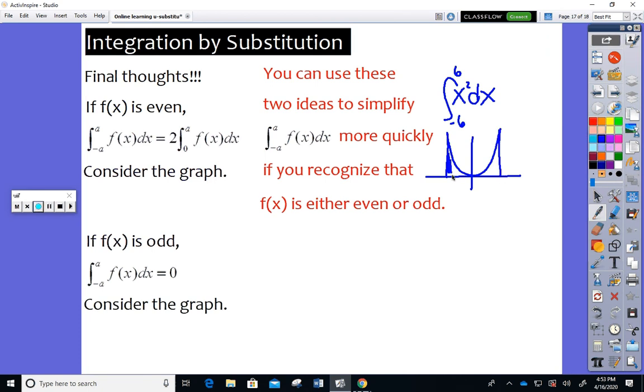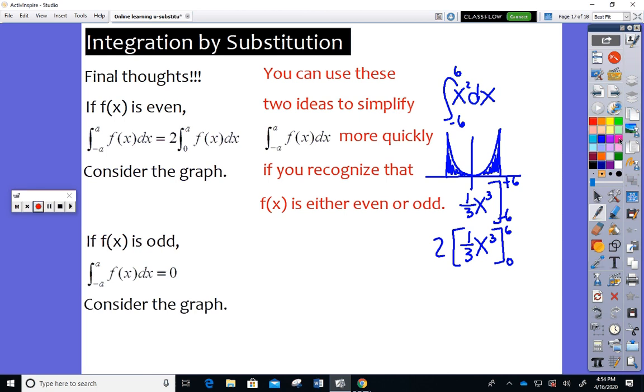Because x squared is even, the left hand and the right hand are going to have the same amount of area. So when I do 1/3 x cubed, I can go from -6 to +6, but sometimes it might be easier to go from 0 to 6 and then multiply that by 2, because plugging 0 in is a little faster on the bottom limit than plugging in -6 is.